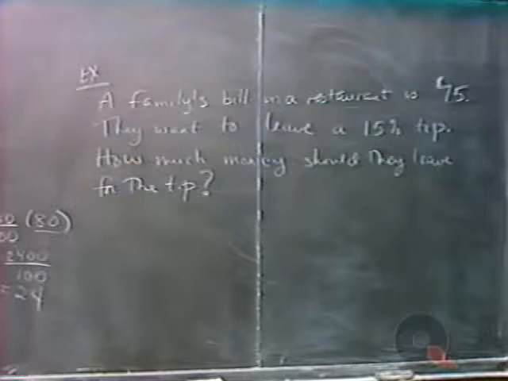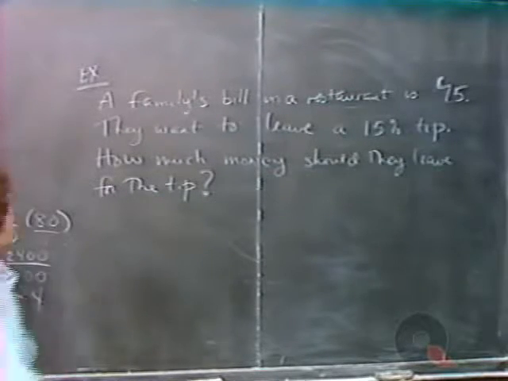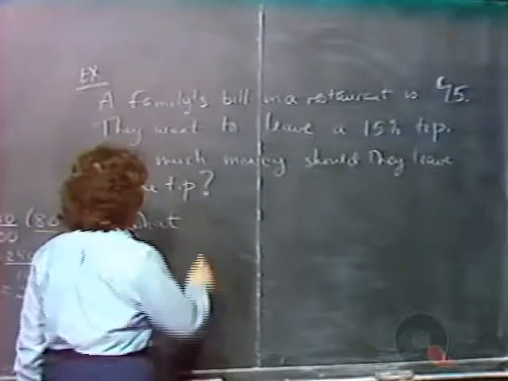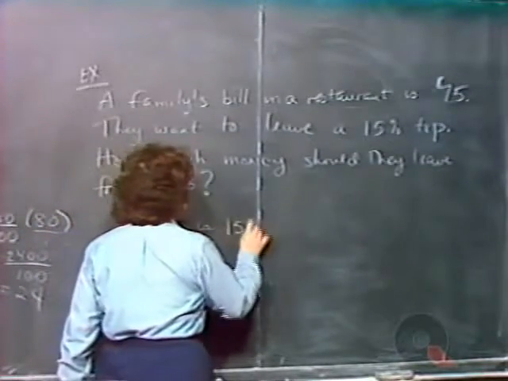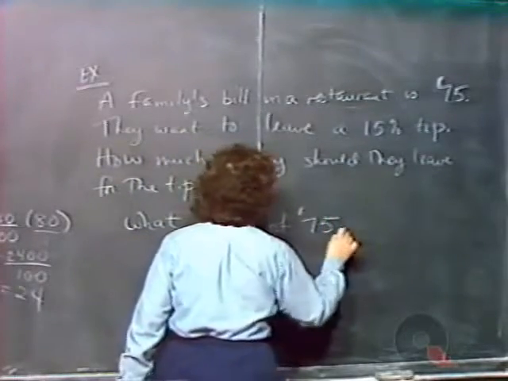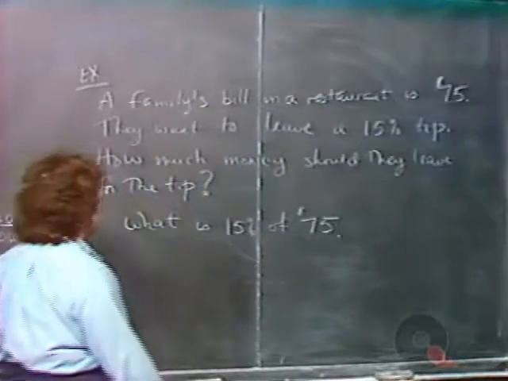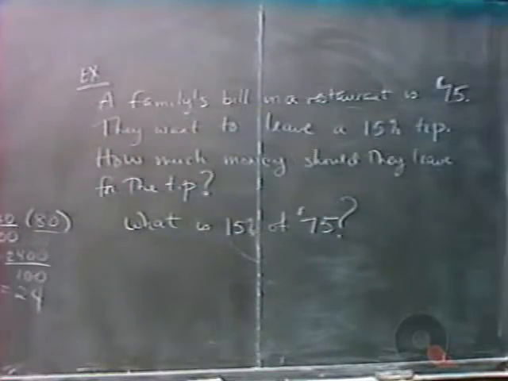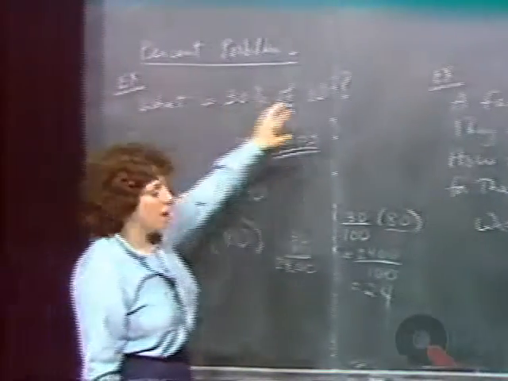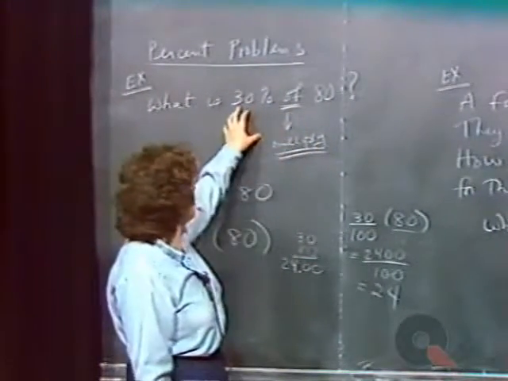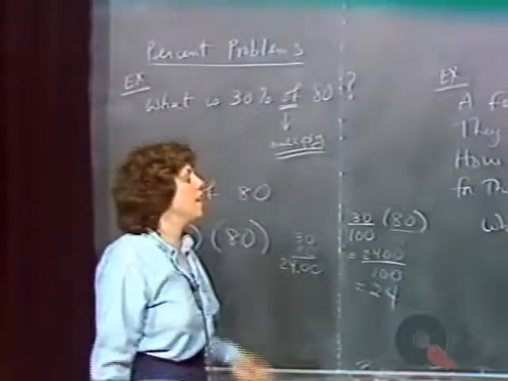Okay, don't let the words throw you. What we're asking for here is the same as really the last question. We're asking, what is 15% of $75? Just like the last problem says, what is 30% of 80? And we multiplied 0.30 times 80.